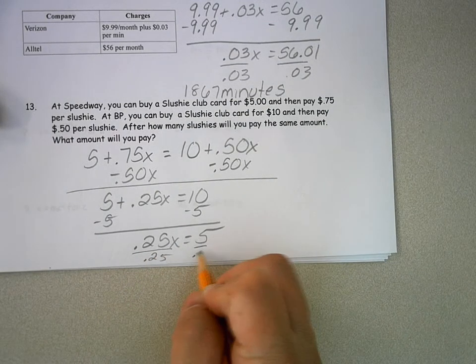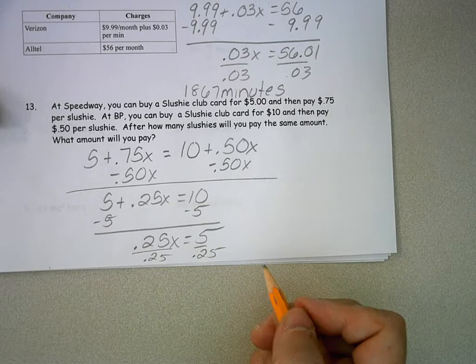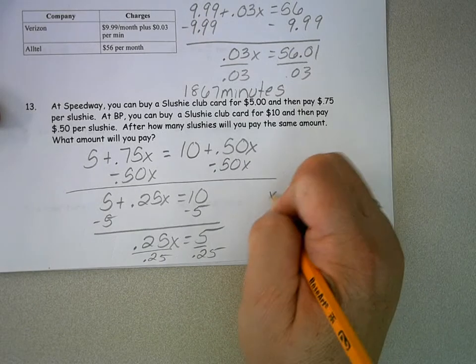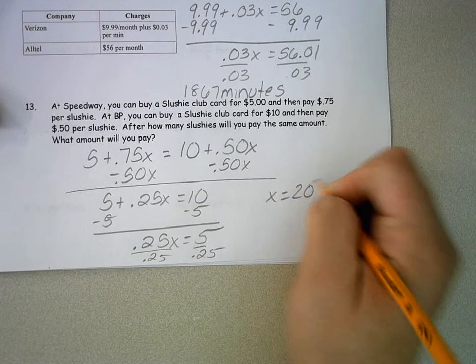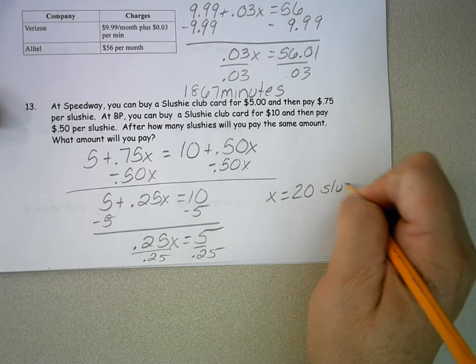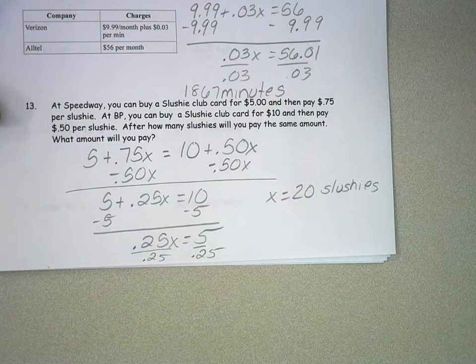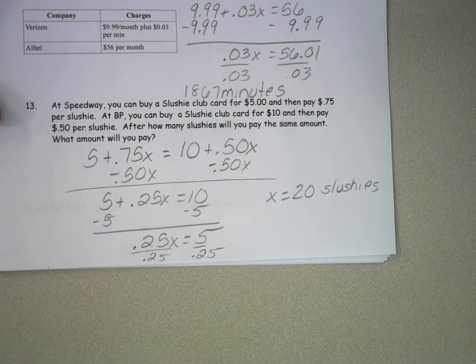And when you divide both sides by 0.25, you end up with 20. So when you buy 20 slushies, it's the same at either Speedway or BP.